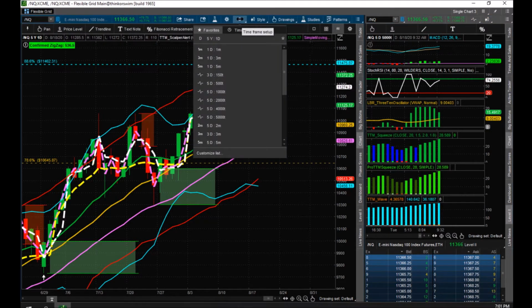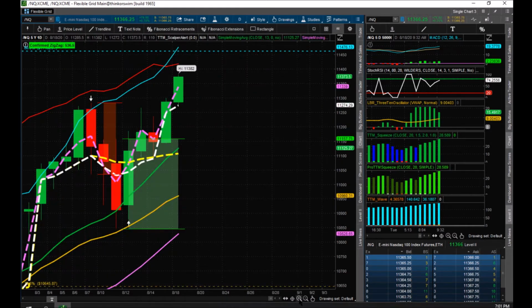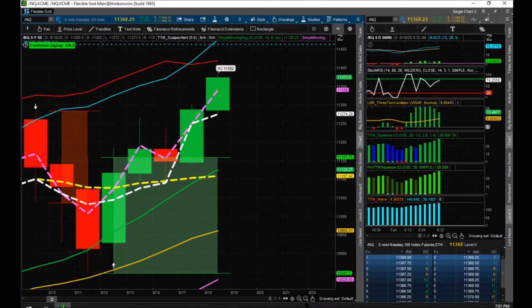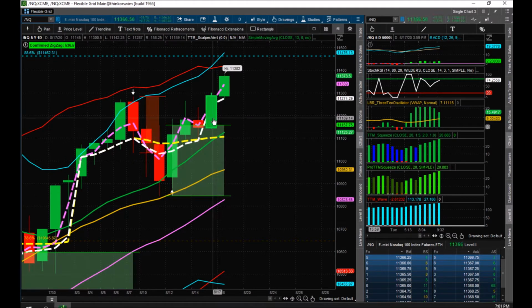So let's look at today. This is just a random date that I picked. It's August 18, 9:47. Basically, how I start my day is drawing the fibs.